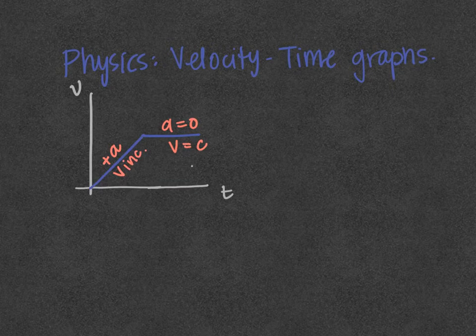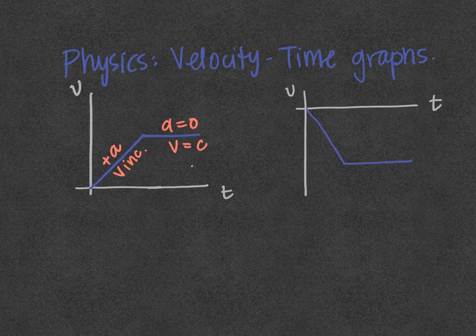So while velocity gives us magnitude, which is the number, and direction, which tells me left or right, I have to take that into account because not everything moves in the positive direction. This graph shows me that an object starts from rest, speeds up because these numbers are getting bigger and bigger as we go away from the axis, and then maintains a constant velocity here.